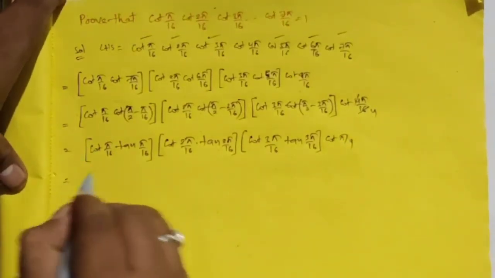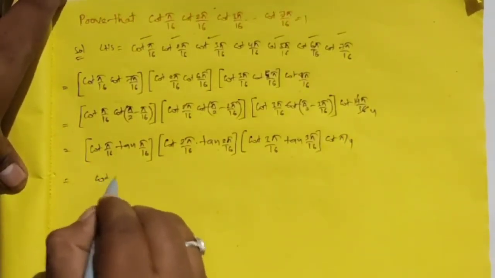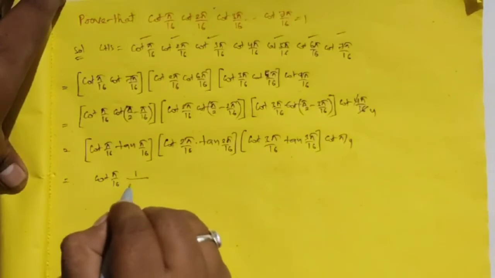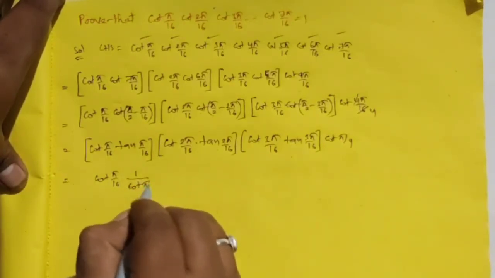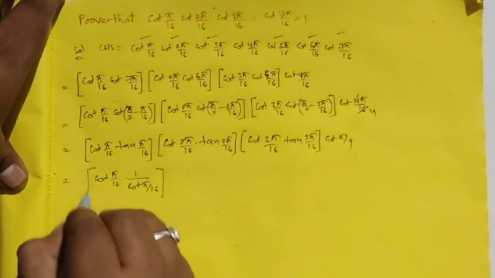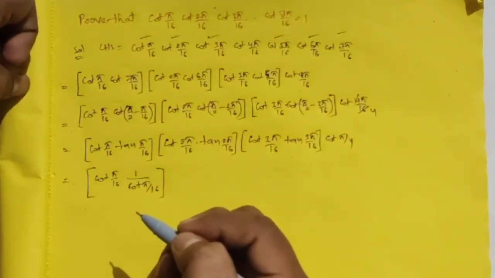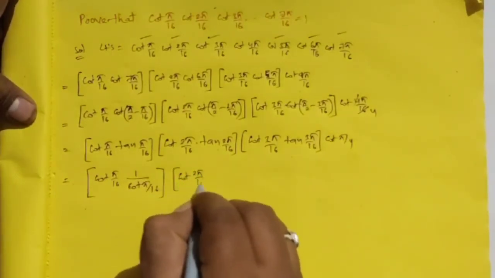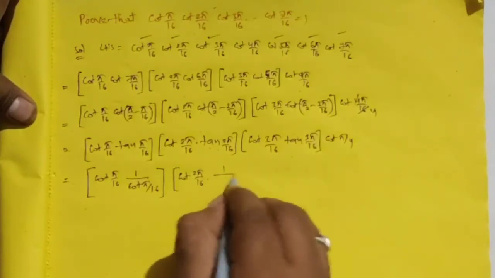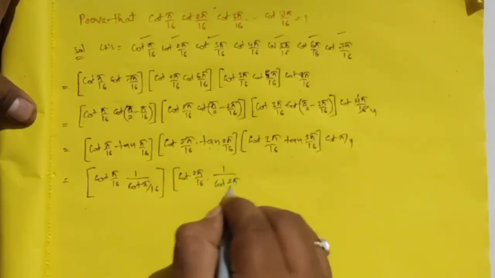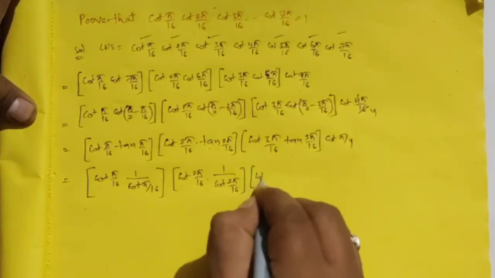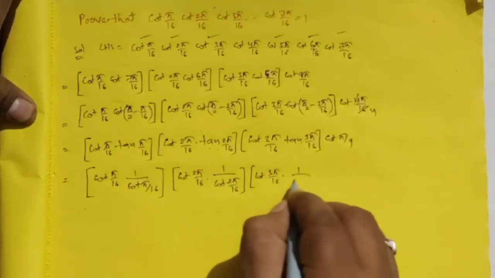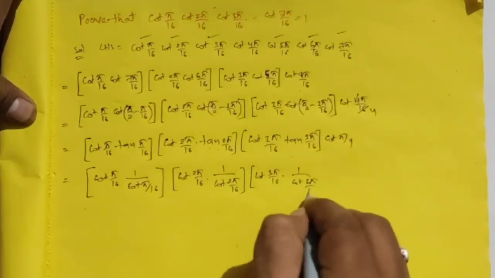So now cot of pi by 16 into, we can write tan as 1 by cot pi by 16. Why? Because tan is the reciprocal of cot, that's why we write tan is equal to 1 by cot. And here we write cot of 2 pi by 16 into 1 by cot of 2 pi by 16. Here cot of 3 pi by 16 stays as is, and write tan as 1 by cot of 3 pi by 16.